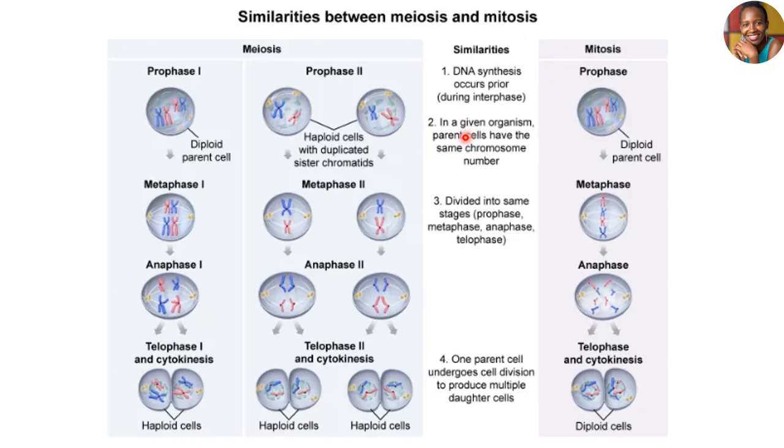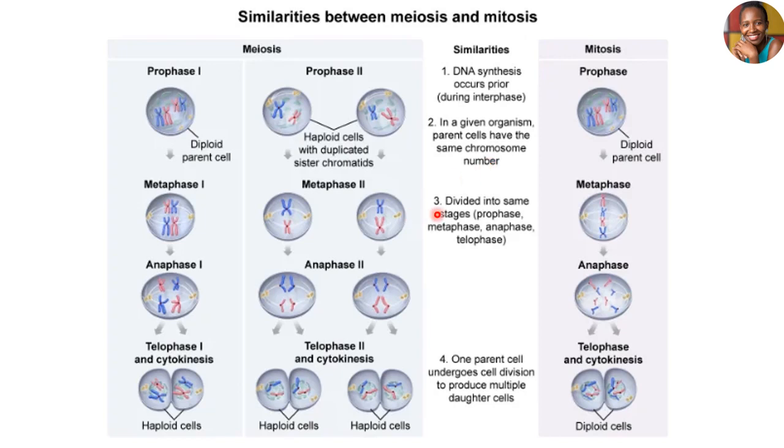The second similarity is that in any given organism, the parent cells have the same chromosomal number. Before the meiosis or the mitosis begins, in both processes, the parent cell has the same chromosome number, and that is 46 chromosomes.